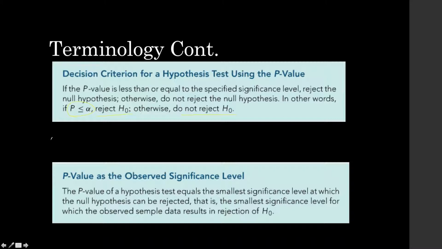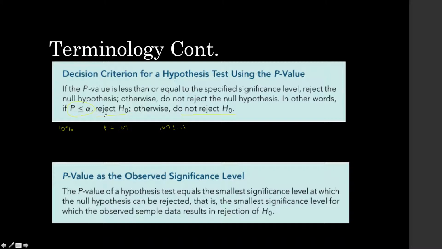For instance, if I tell you that a significance level is 10% and we get a p-value of 0.07, well, the p-value is less than or equal to the significance level, so we would reject.